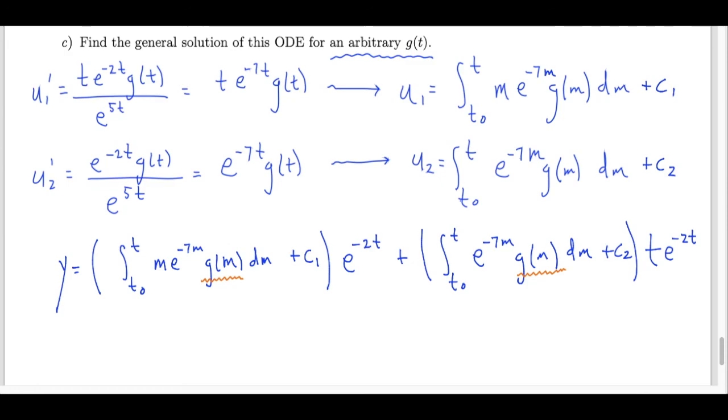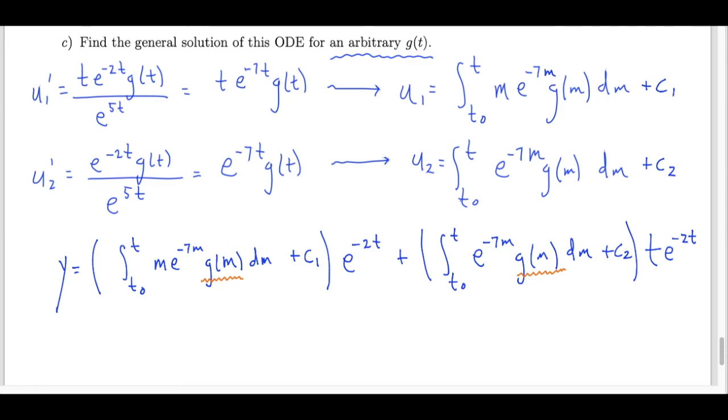So even though for certain functions I won't be able to get an integral that I can actually evaluate, one of the strengths of this approach is that it allows me to write this general form of the general solution before even having to specify what the g of m function is, or the g of t function in the original differential equation.